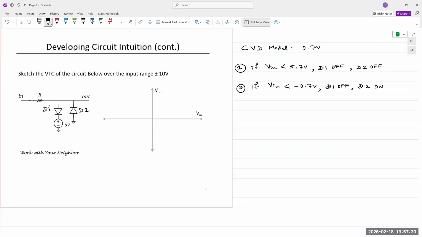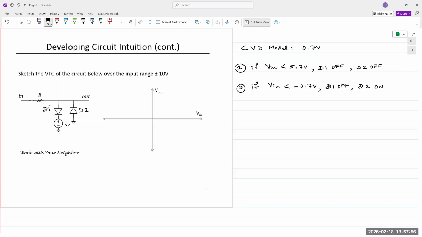Quick pause. I want to make sure everybody understands that second statement. Does everybody understand what I just said? We started at 5.7 because we analyzed D1 in the previous example. So we knew at 5.7, D1 is going to be off.